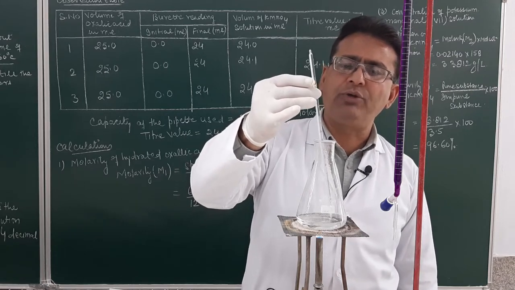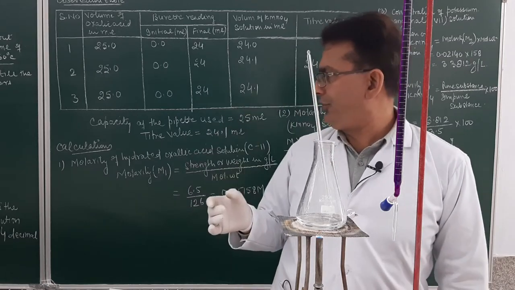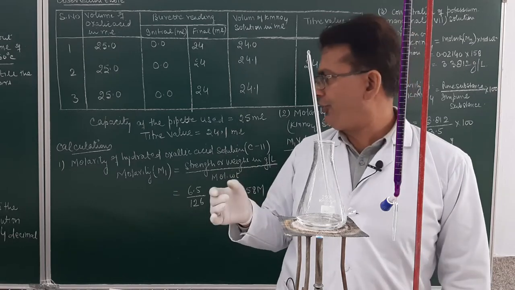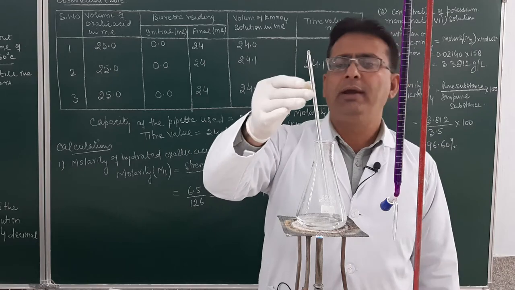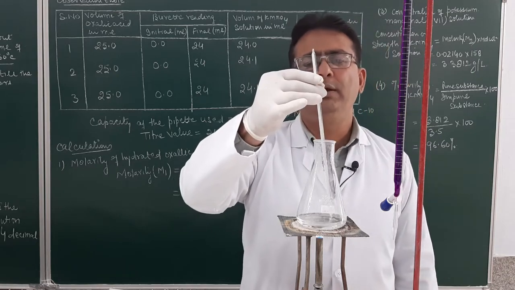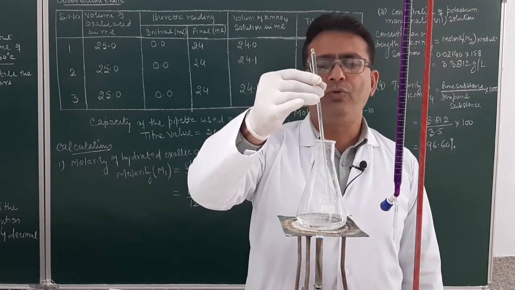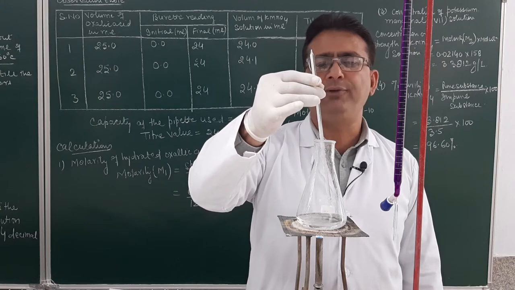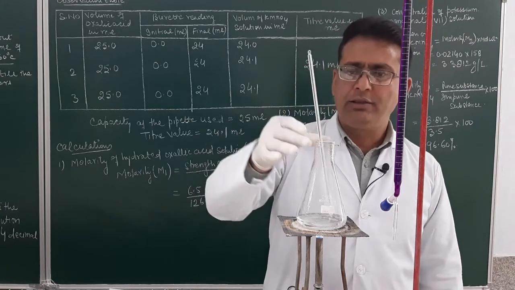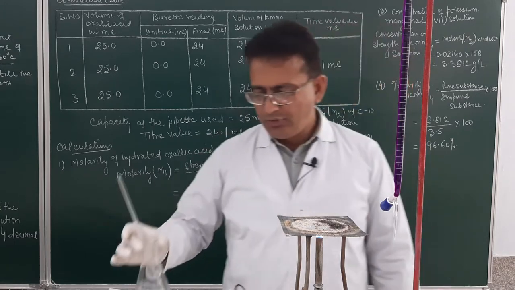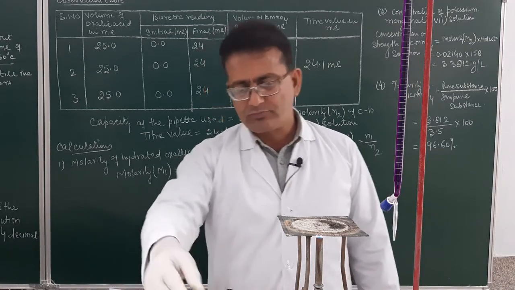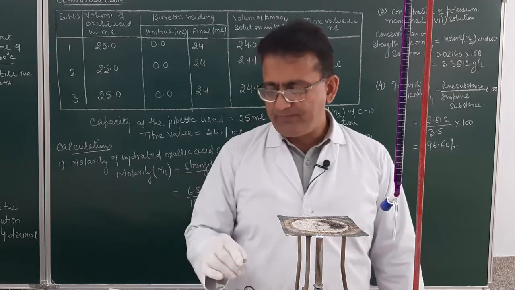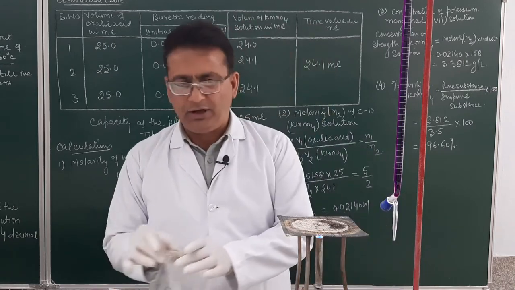Remember, I have to find out the molarity of oxalic acid solution, molarity of KMnO4 solution, the concentration of KMnO4 solution, and the percentage purity of KMnO4 solution. So 4 questions are to be solved. I think the first bubble has appeared. So now I will stop heating this and start the titration.